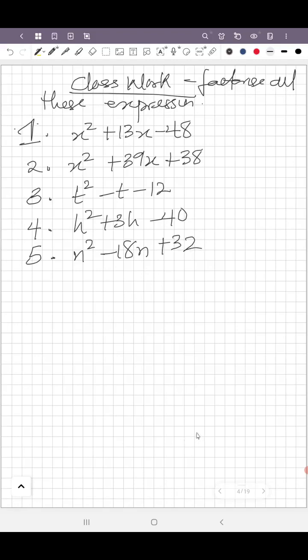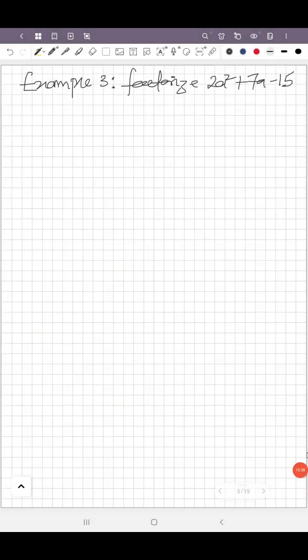So there's another little part of quadratic expressions that we want to solve now, so that you have a practical stage of what we have been doing. This is our next example. We are to factorize 2a² plus 7a minus 15. We follow the same procedure. What is the first procedure?